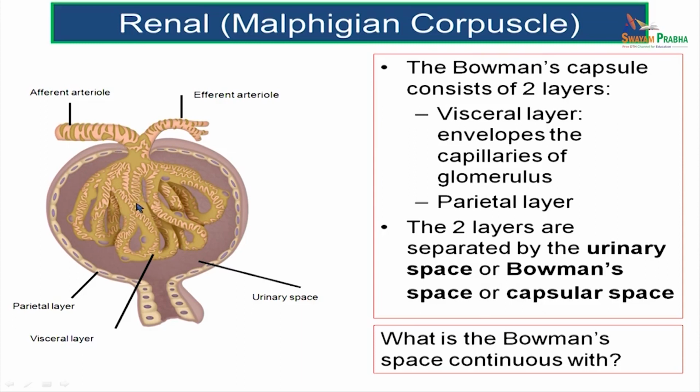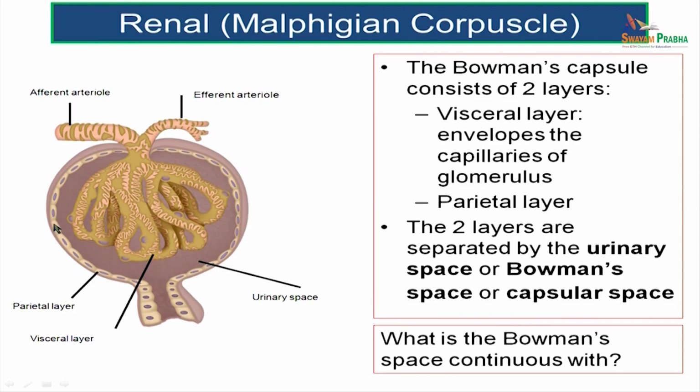So, a little more details about the renal corpuscle. The Bowman's capsule has got two layers. The outer layer is the parietal layer and the inner layer which envelops the capillaries of the glomerulus is called visceral layer.